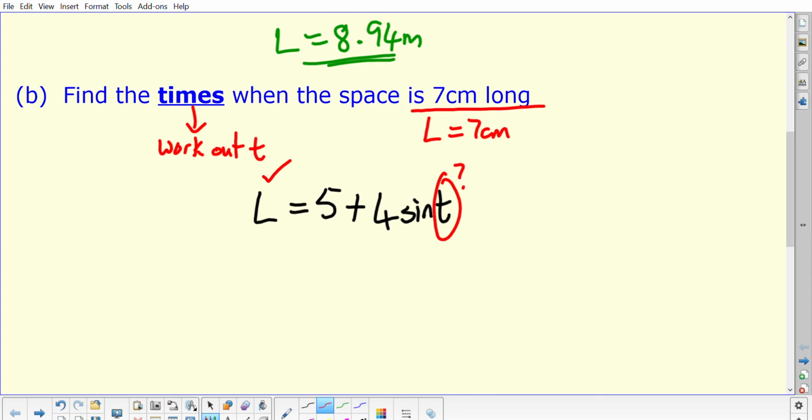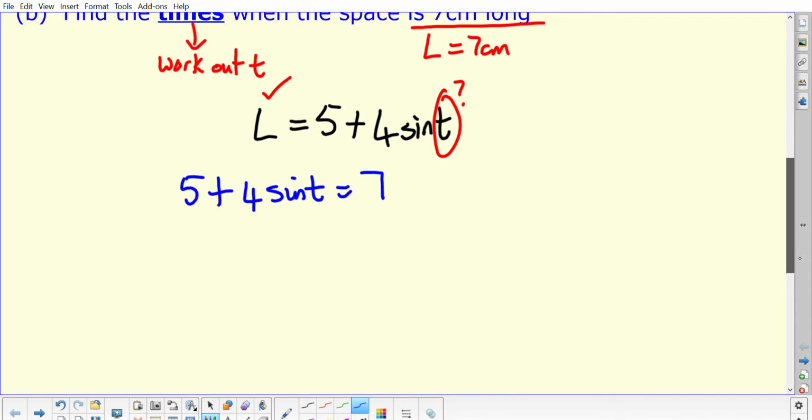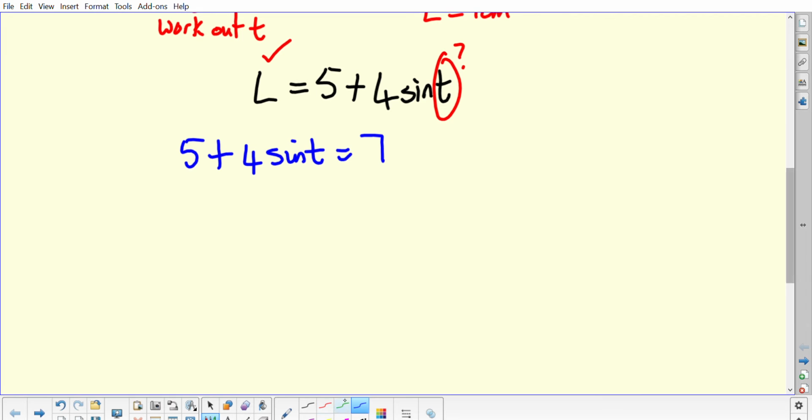So we switch this round a wee bit, and we write down that 5 plus 4 sine t needs to be equal to the value of L, and the value of L here is 7. Now what you've set up for yourself is a trig equation that needs to be solved, and you've been learning how to solve that in the previous lesson.